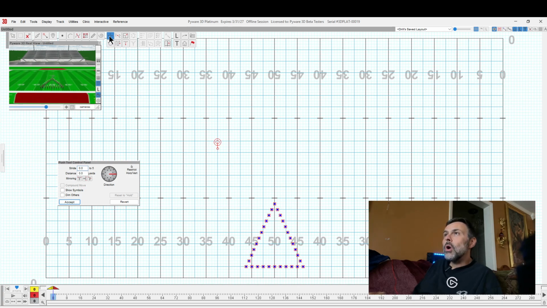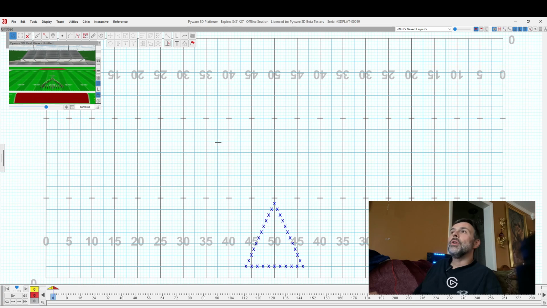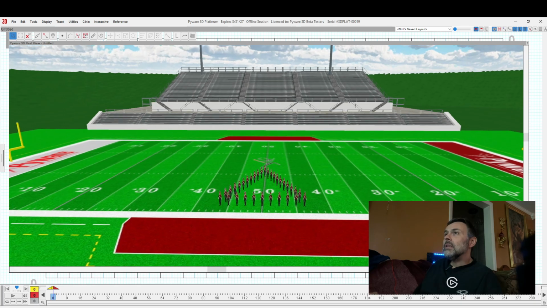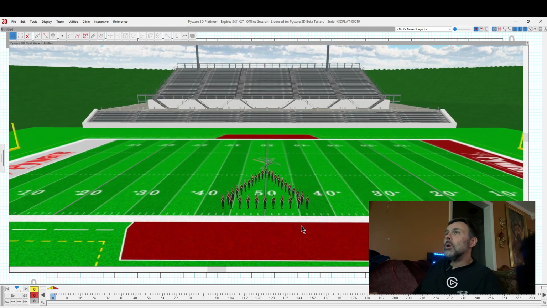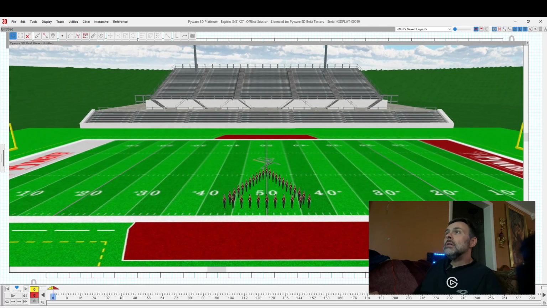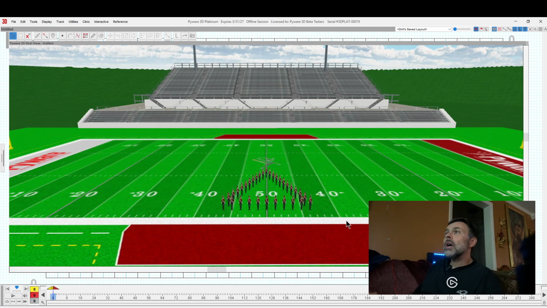Just make them 4 off the sidelines. Let's just pretend we're going to end it that way, right? So we're going to expand this back out. And let's see what it looks like from all sorts of little different angles, because the deal is the judge's box is not the most important spot to write to.